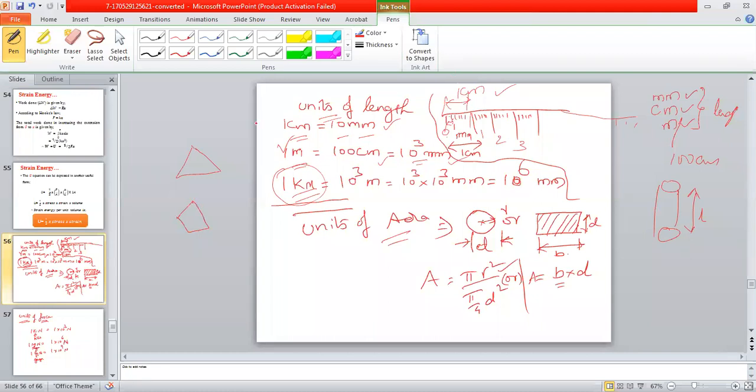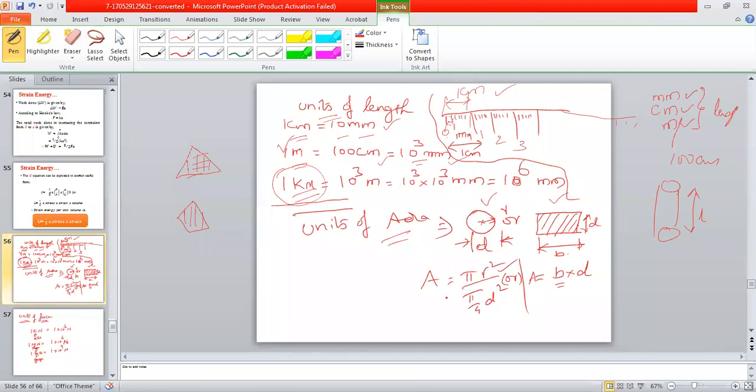We need to find the cross-sectional areas of the component by using some formulas. Mainly 2 types of areas will be considered in my problems. First one is a circular area, second one is a rectangular area.